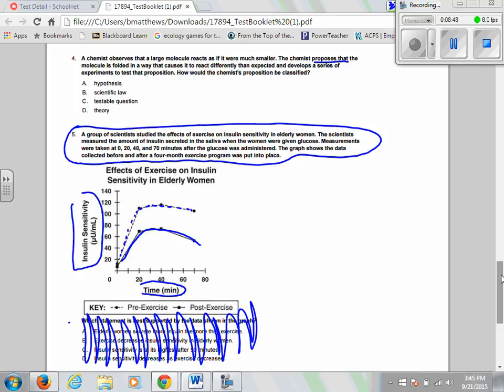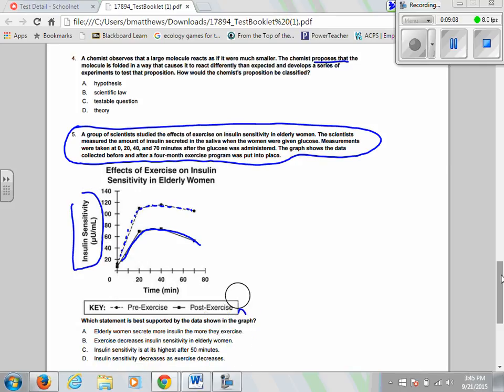Pre-exercise. So there's more insulin available, or there's more of a sensitivity to the insulin pre-exercise than post. So looking at all these answer choices, erase the answer choices now, what would be consistent with that? Just looking at the chart and reading the explanation.